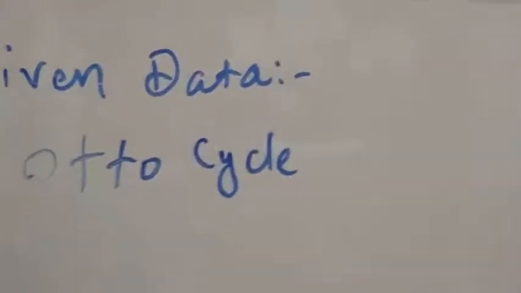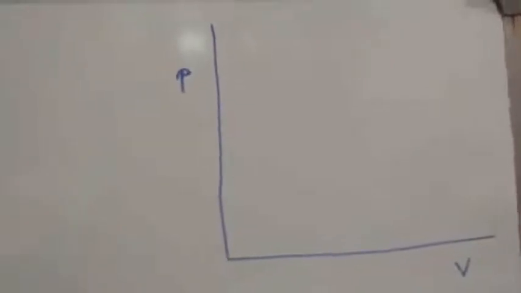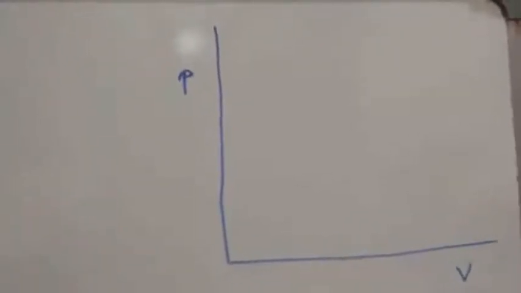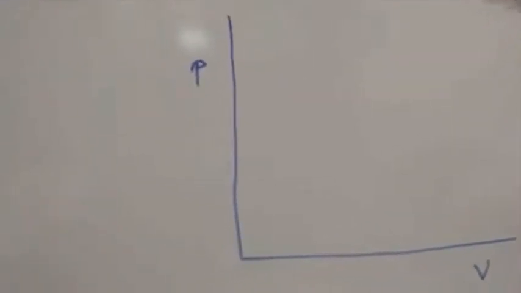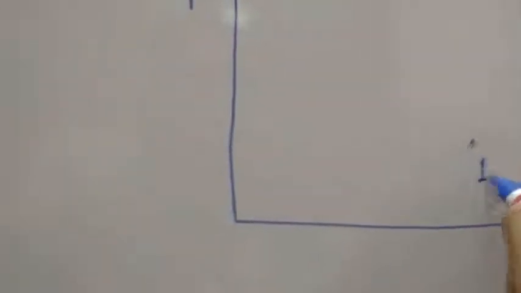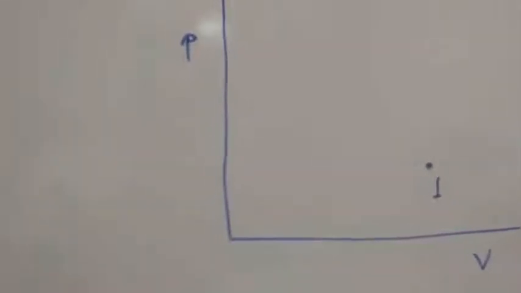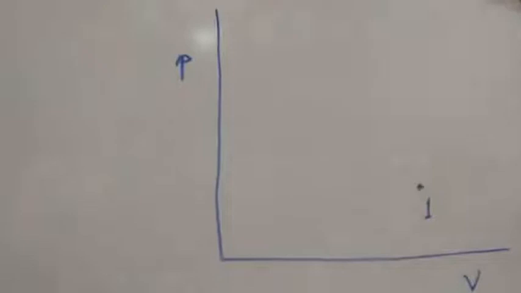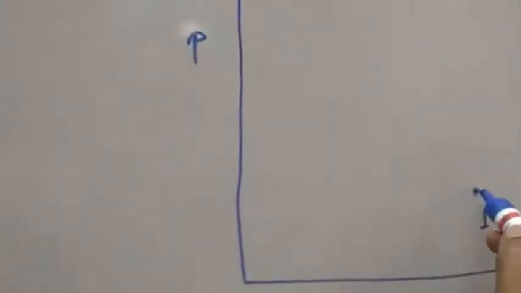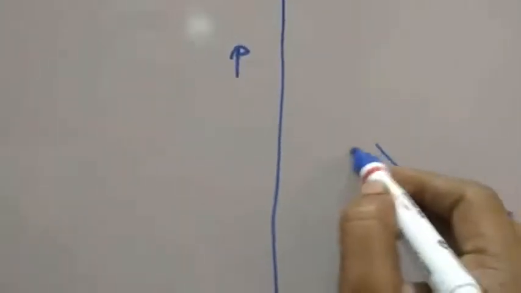Okay. So first what I will be doing? I will be drawing a PV diagram for the Otto cycle. I have drawn the pressure and volume on the y and x axes respectively. Now, suppose I am taking this as point number 1. The first process is the isentropic compression, 1 to 2.